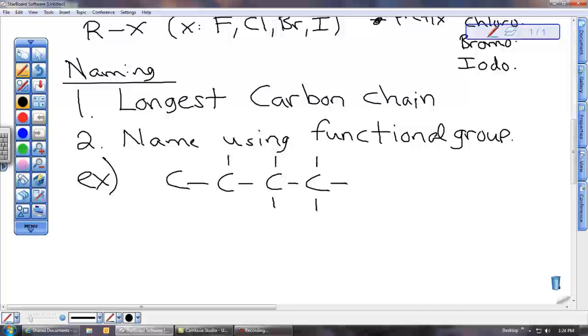Imagine these dashes that I'm drawing on the outside have a hydrogen atom all around the outside. Sometimes I'll just draw the carbon backbone. It's implied that they are surrounded by hydrogen atoms. We just leave the hydrogens off to save time.